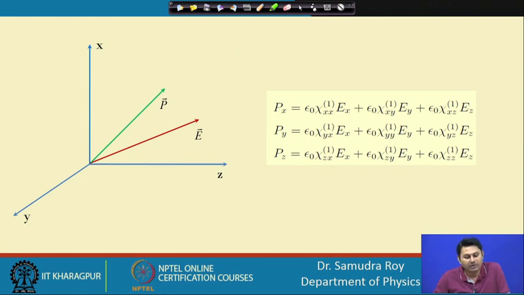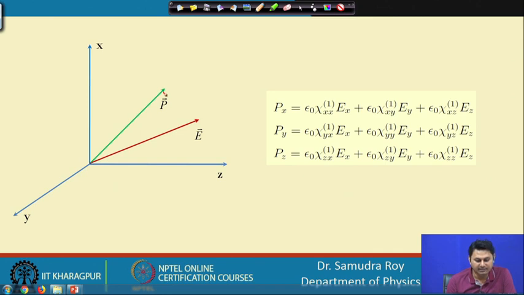Here we have a figure, and this figure tells everything. If I launch the electric field in one direction, and we are saying that P and E are not parallel to each other, that means P will be generated in a different direction. So, the dipole will arrange not in the direction of E, but in some other direction.